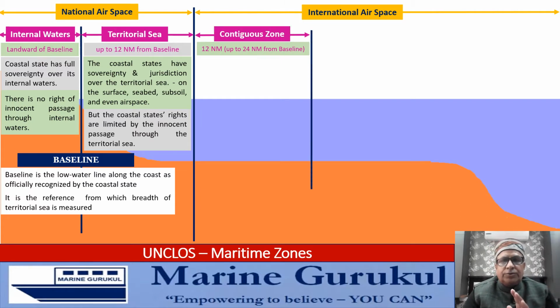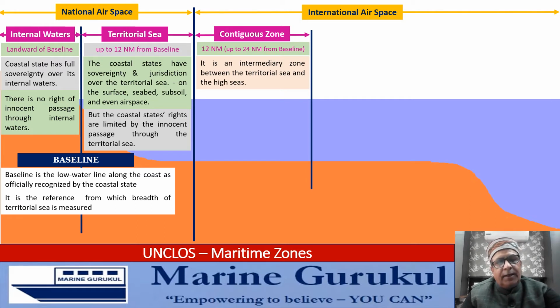Now this contiguous zone is an intermediary zone which a coastal state may establish between its territorial sea and the high seas. This zone, if established, is to enhance a coastal state's law enforcement capacity and prevent violators or criminals from fleeing the territorial sea after committing a crime within the territory of the coastal state.